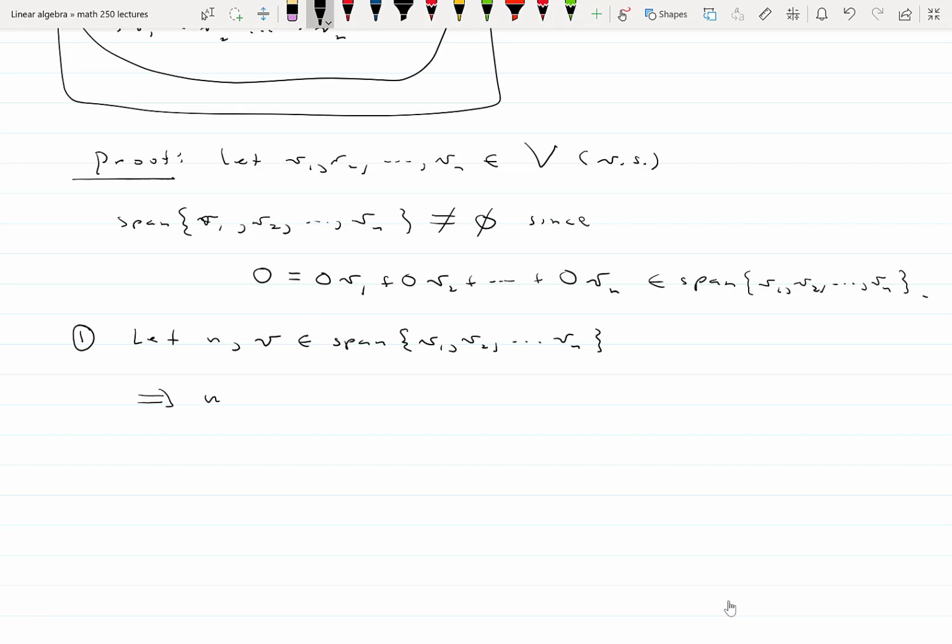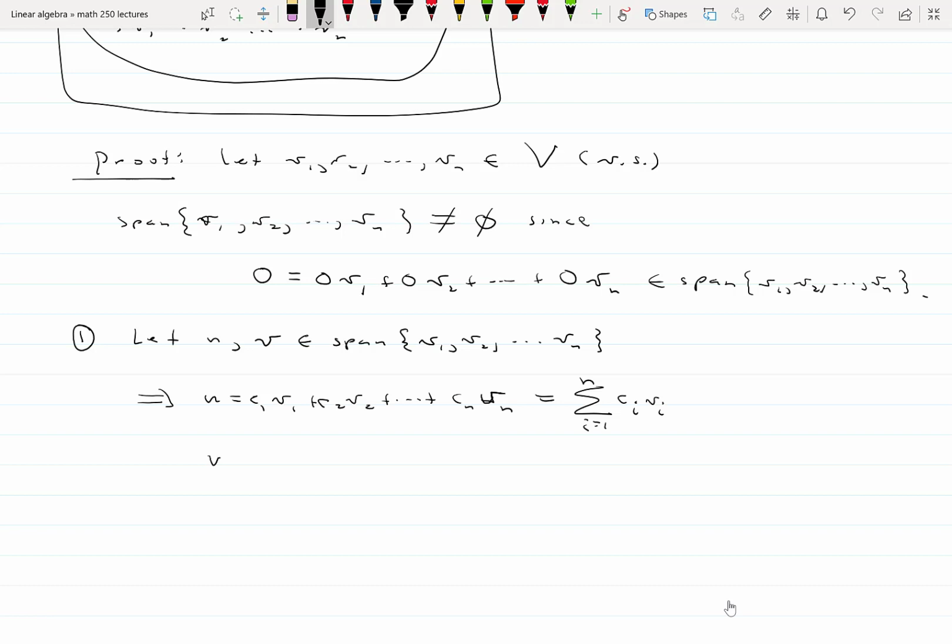Since u is in there, u must equal some c1 v1 plus c2 v2 plus dot dot dot plus cn vn. I'm going to use some familiar notation to make this vector a little easier on the eyes. It's the sum of all the ci vi's where i ranges from 1 to n.